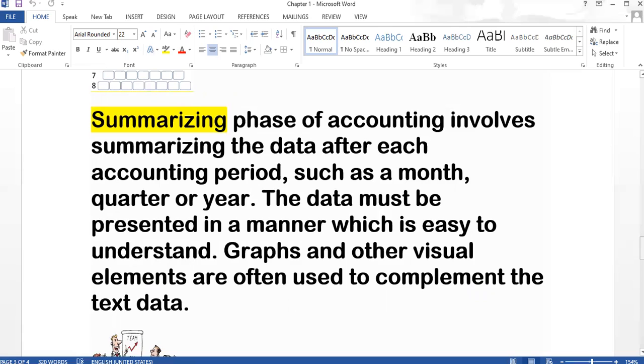Let us say, for example, I want to know the total office expenses, office maintenance expenses, office staff welfare expenses, or office salary expenses during the month.